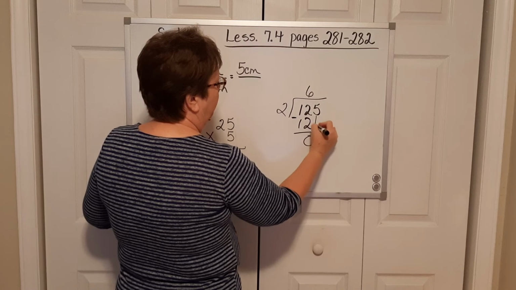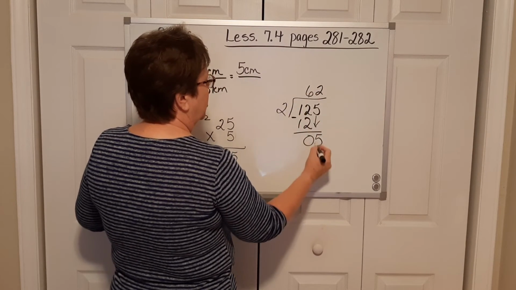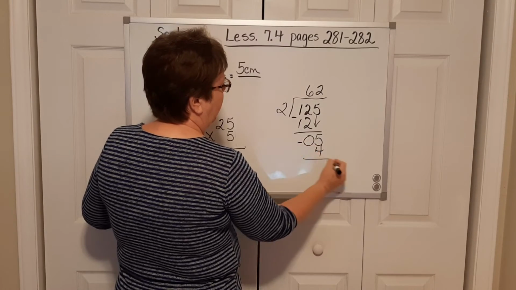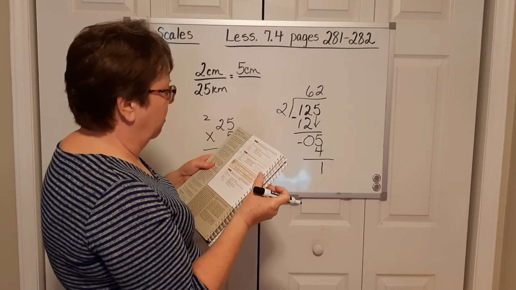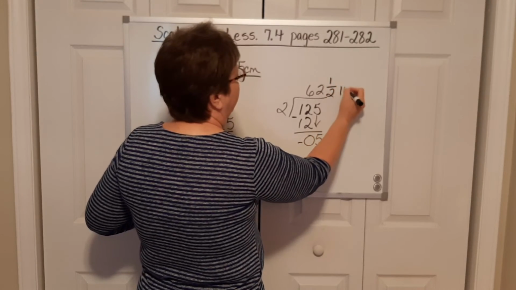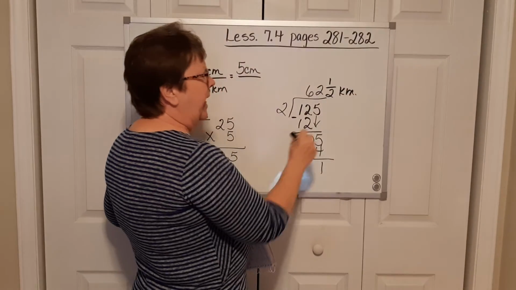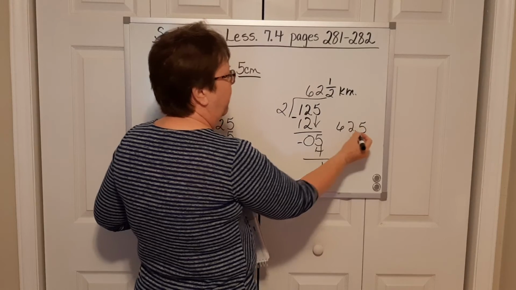Subtract, we get 0. Bring down our next number. 2 goes into 5 2 times. 2 times 2 is 4. And 5 minus 4 is 1. So your answer there would be 62 and a half kilometers. And again, if you want to make this into a decimal, it would end up being 62.5.